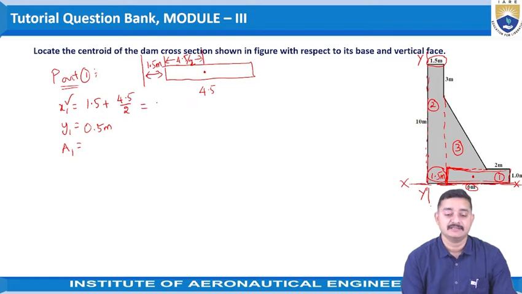That is 1.5 plus 2.25, which gives the value of 3.75 meters.